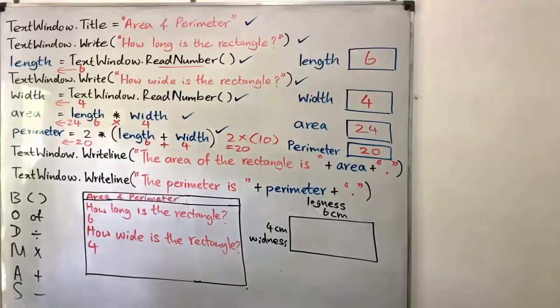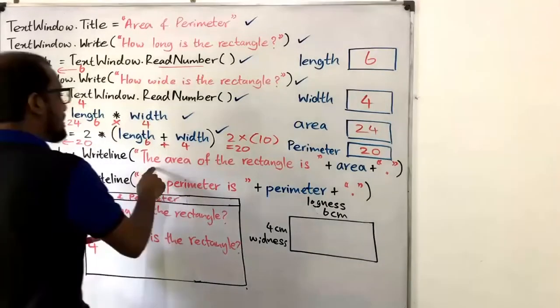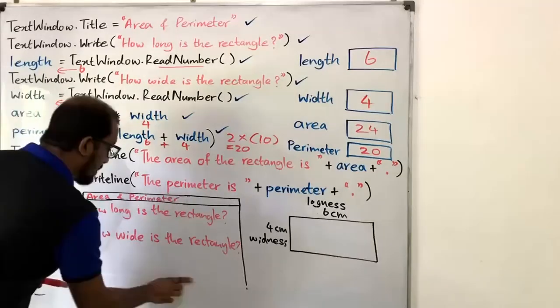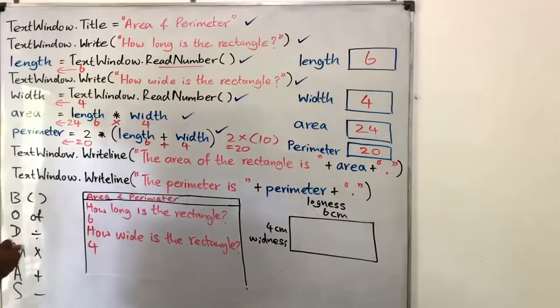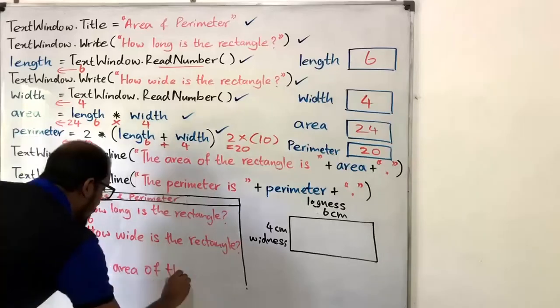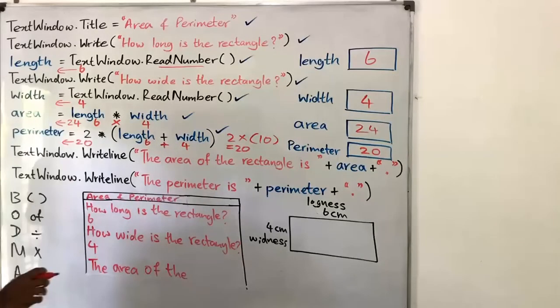So here the area of the rectangle is... now the text window will start to write. What is the area?